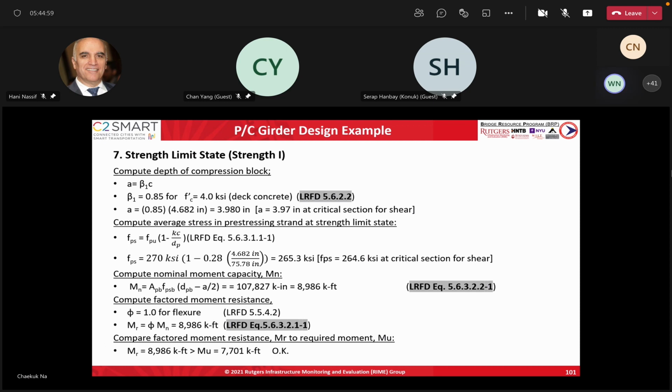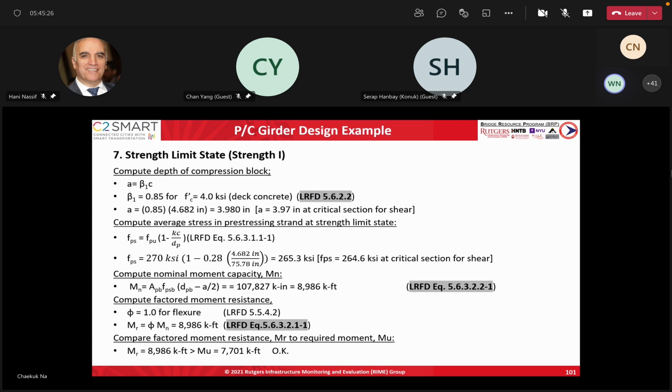Now, this is assuming that we don't have any reinforcement. If we have any reinforcement, we just add to this term As Fy (d minus a over 2). We might need to check, of course, if reinforcement has yielded or not. And then after having Mn, the nominal moment capacity, we find the resistance moment, which is equal to Mn in our case for flexure.